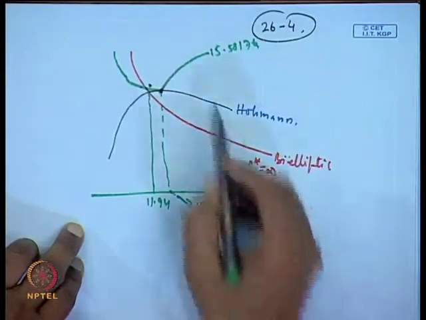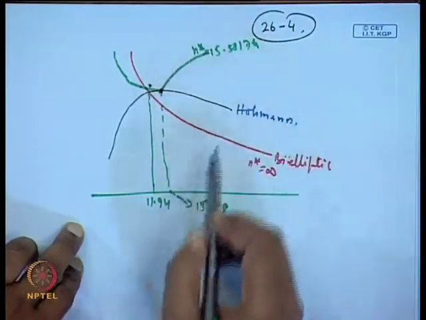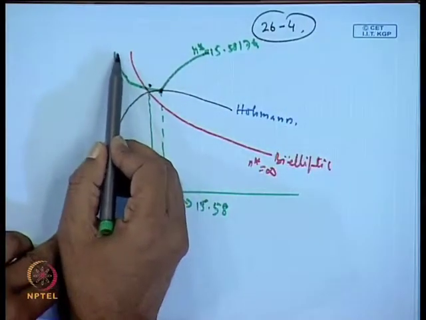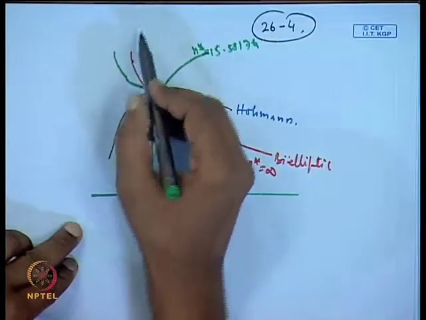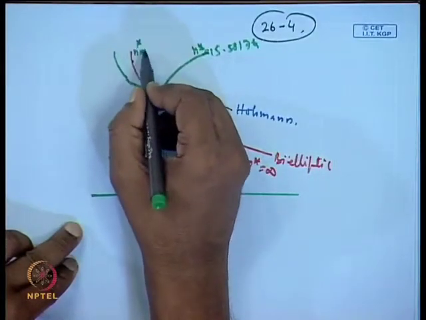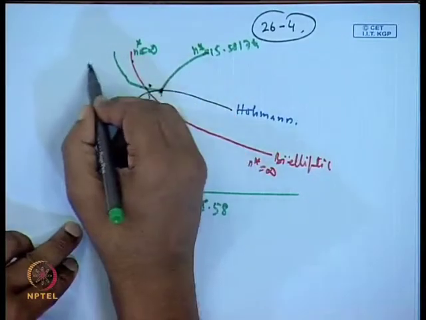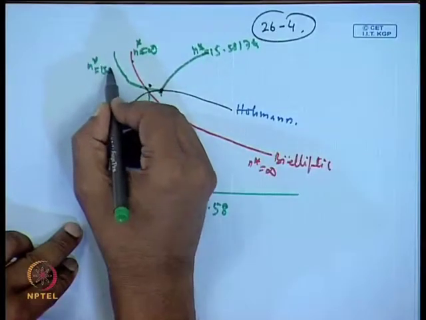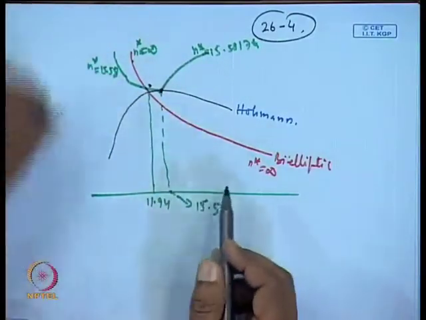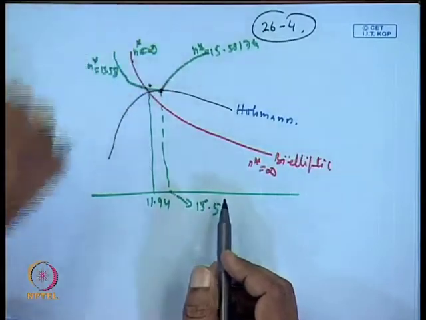So, for all other values of n star, the lines will lie between this, n star equal to infinity, and this, n star equal to 15.58. So, all other lines must lie between these two ranges.